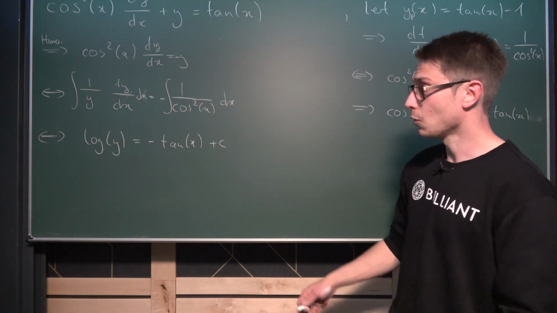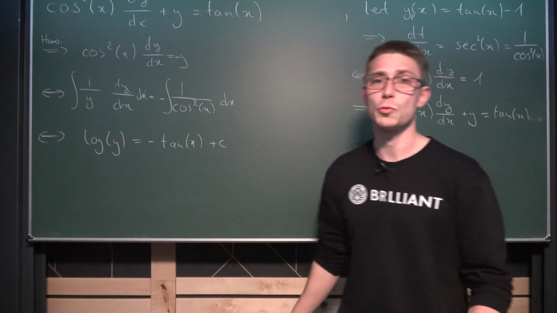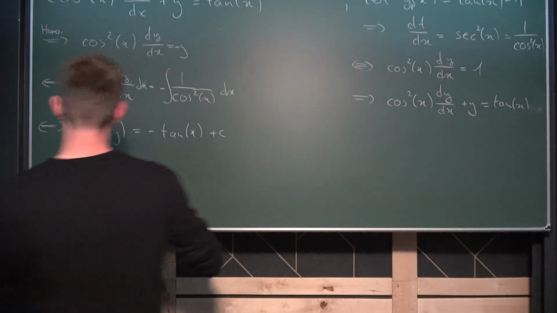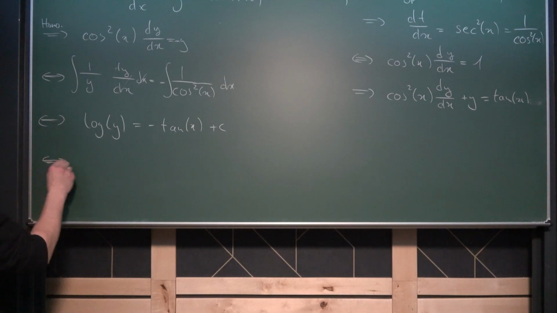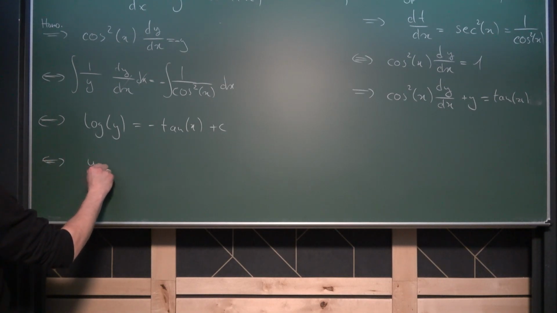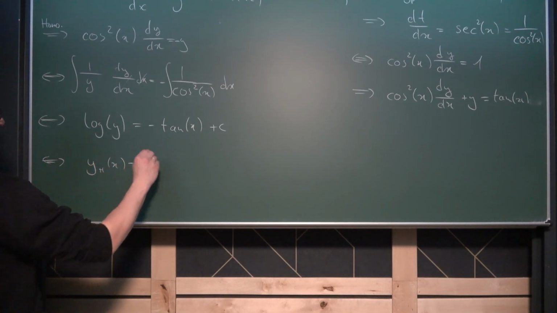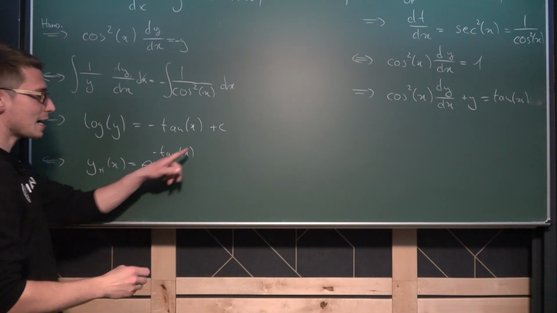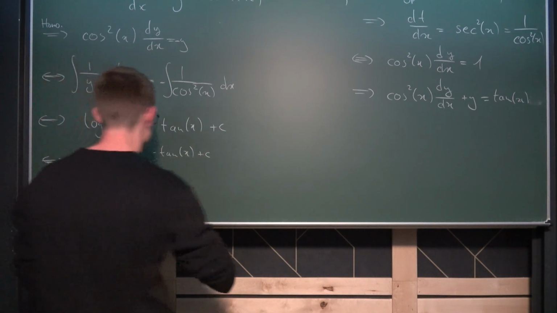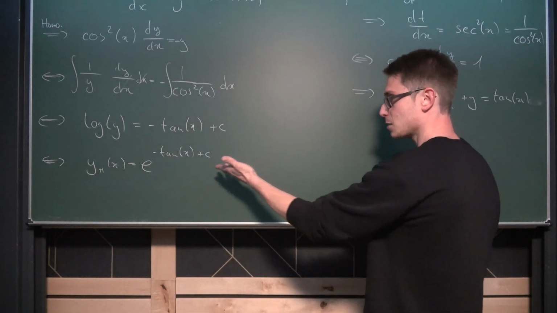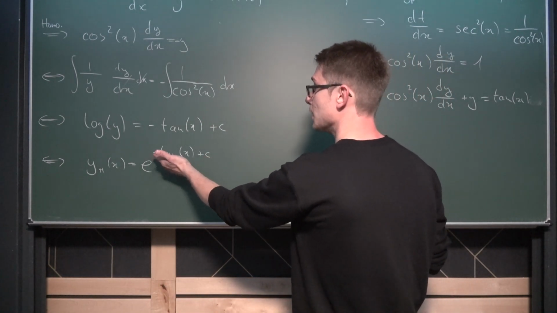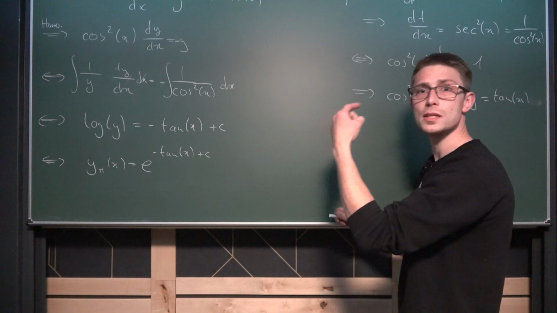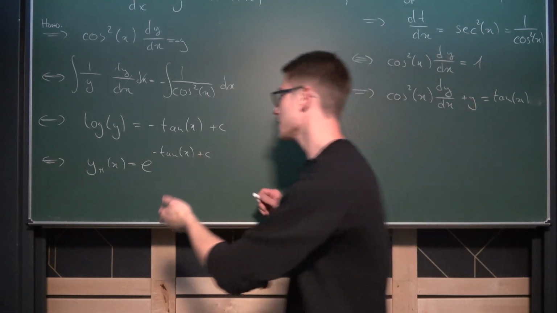And now, in order for us to solve for our homogeneous solution, we are just going to take base e on both sides, giving us overall that y homogeneous of x is equal to e to the negative tangent of x plus c. But we can make use of the exponentiation properties to turn this into e to the negative tangent of x times e to the c, which is yet another constant.